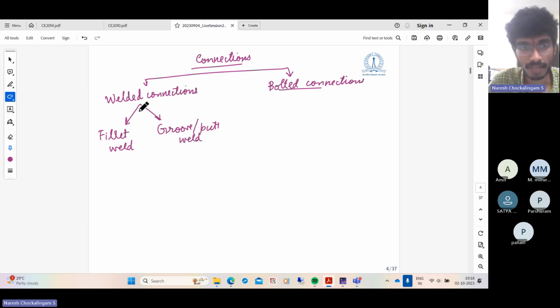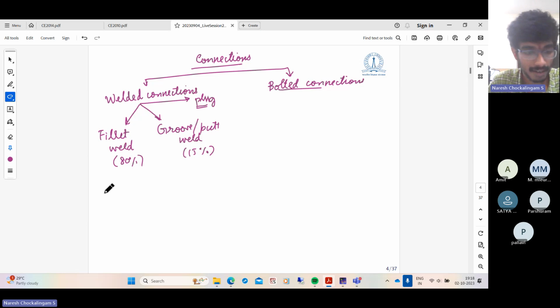There are other types of welds, such as plug or slot welds, but those are not used much. In construction, 80% of the welds are fillet welds and about 50% are butt welds or groove welds. These are not very common.